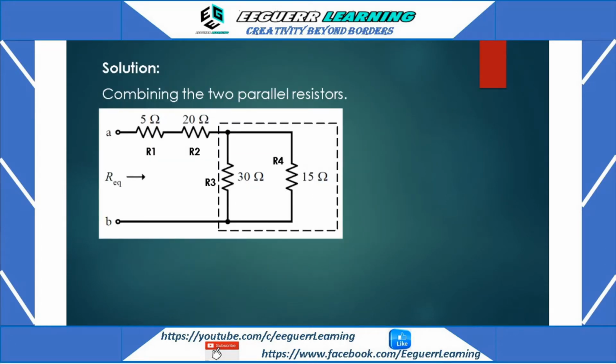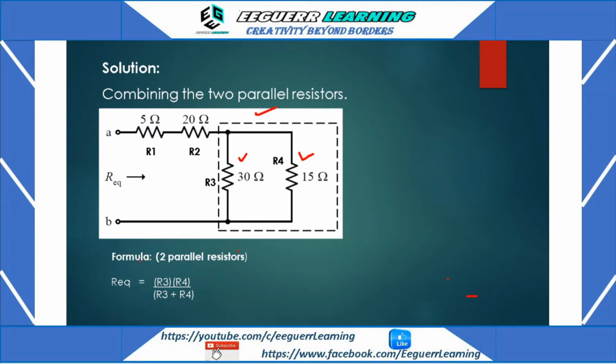So first, before we proceed, we're just going to look for the parallel resistor connections. And here it is. R3 and R4 are in parallel, so we're going to combine R3 and R4.